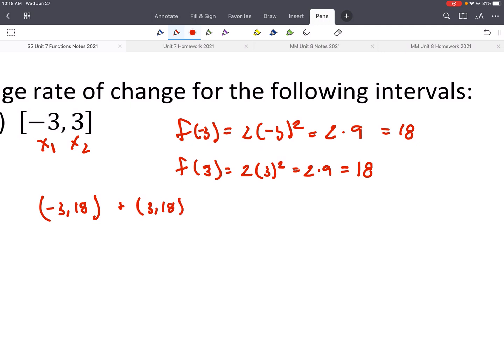And then if we were to use our formula, maybe we'll label these. Okay, so we'll do y2 minus y1, 18 minus 18, over 3 minus a negative 3, which should give us a positive 3, so that's 0 over 6, or 0.